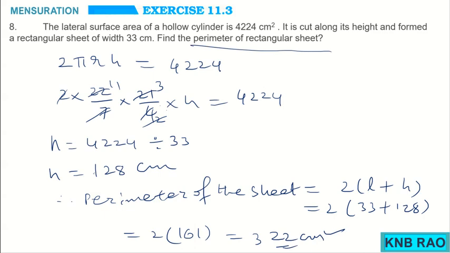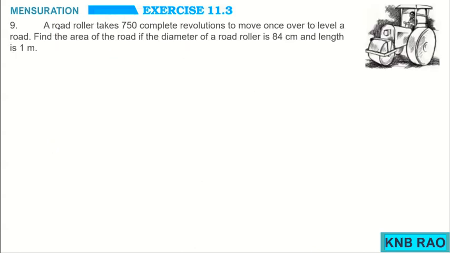Moving on to question number 9. In question number 9, this is also an important question, a road roller takes 750 complete revolutions to move once over a level road, to level a road. Here this is a cylindrical shape, and find the area of the road if the diameter of the road roller is 84 centimeter and length is 1 meter.